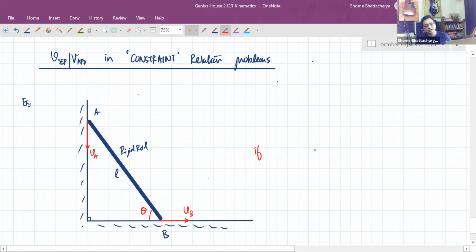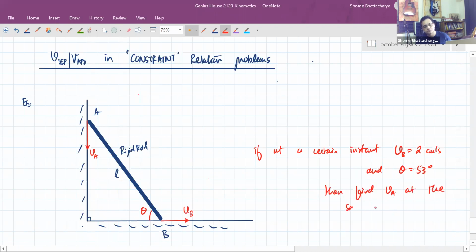Now if at a certain instant of time the speed of the point B is, let's say, 2 centimeters per second, and theta is equal to 53 degrees, then we want to find the speed at which the point A is slipping downwards at the same instant. What is the speed at which A is falling?